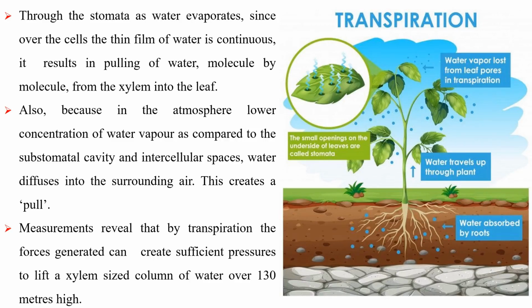Also, because the atmosphere has a lower concentration of water vapor compared to the substomatal cavity and intercellular spaces, water diffuses into the surrounding air. This creates a pull. Measurements reveal that by transpiration, the forces generated can create sufficient pressure to lift a xylem-sized column of water over 130 meters high.